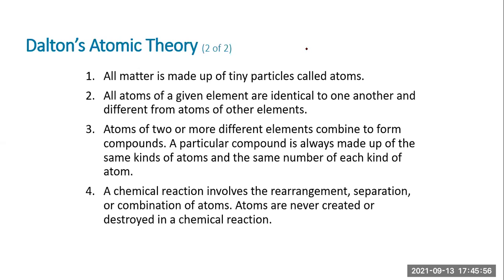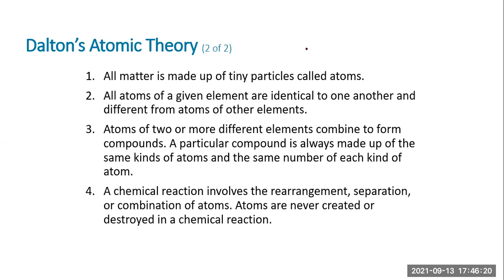And he really said that a chemical reaction involves the rearrangement, separation, and recombination of atoms. We don't create nor destroy atoms in a chemical reaction. And that's really what happens when we do a chemical reaction. Pretty much everything we start with, they break all the bonds, and then they reassemble on the other side.